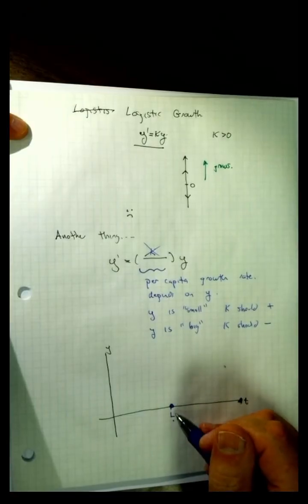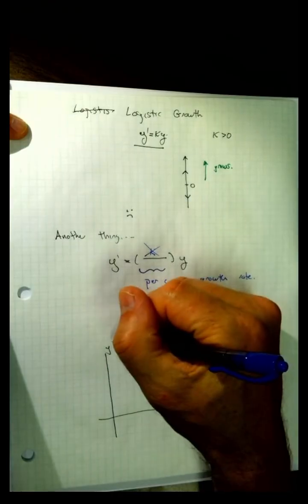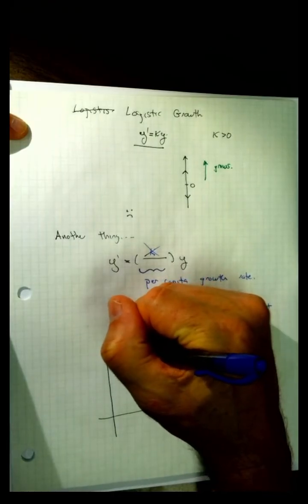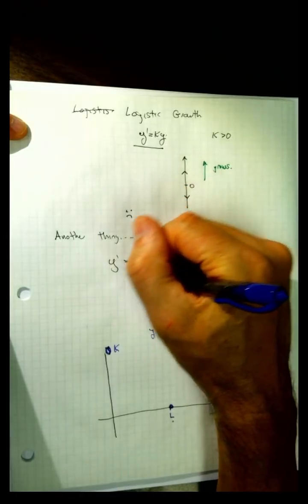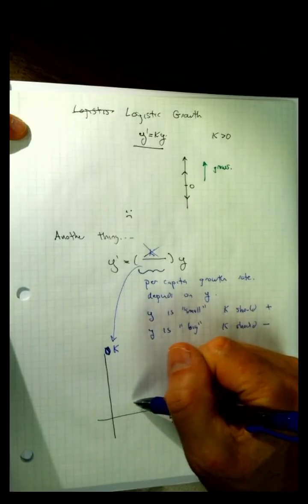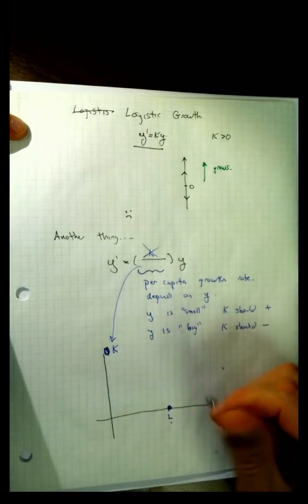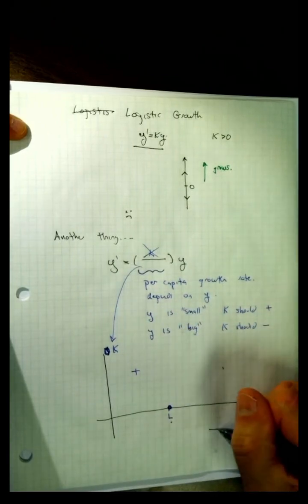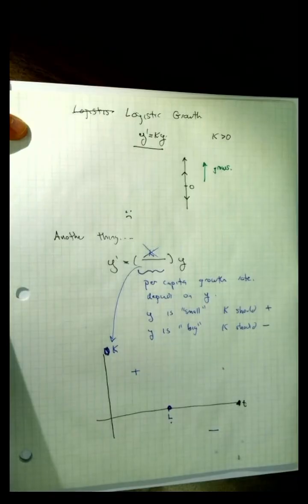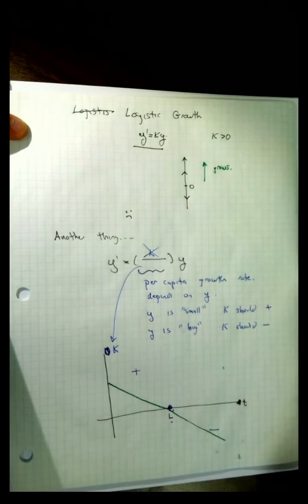So once we get to L, we want our per capita growth rate, I've got to be careful here, this is not y, this is our k, to be positive below that because there's more resources available given the population, and we want it to be negative above. When it comes to modeling, we try to do the simplest thing first and see how that works out. So we're going to just use a linear equation.